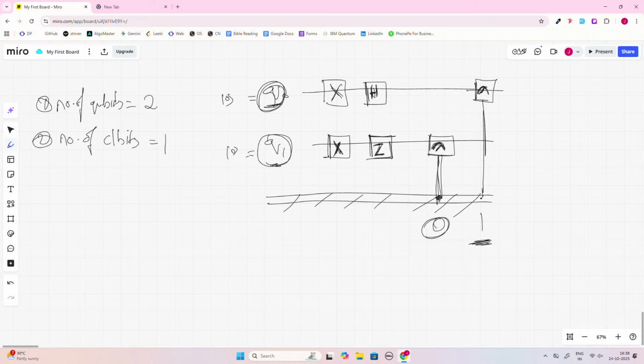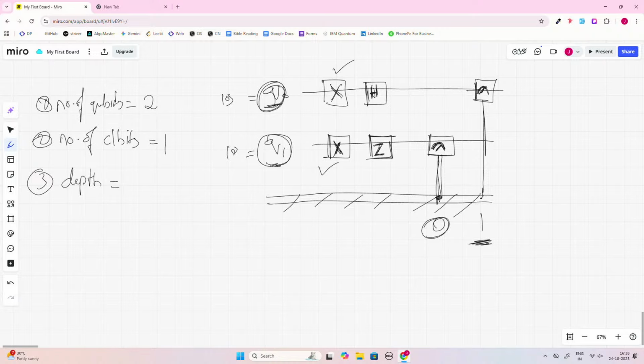Okay. Now, third thing, depth of the circuit. What do you mean by circuit depth? Simply, look at the level. Okay, there is a very big definition of depth, but to consider it simply, look at the level. Now, X gate and X gate.